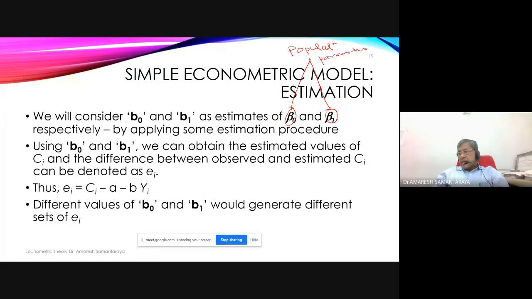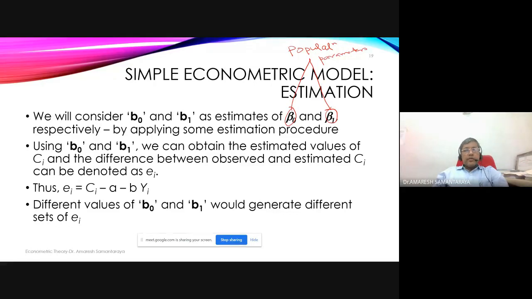That is one thing. Secondly, there is no researcher who can collect income and consumption expenditure for all people who have lived in the world. Impossible, right? At the maximum, depending on how much money and time you can spend, you can collect data for a set of individuals.